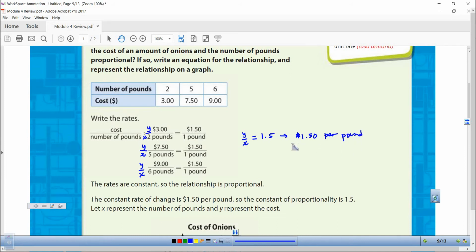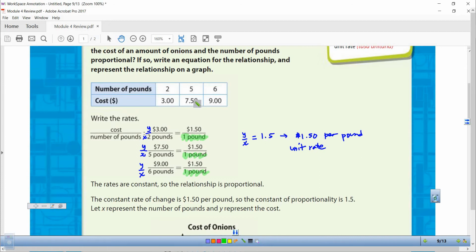Now, just so you know, that would also be the unit rate, because you'll notice that bottom unit is 1. When that second quantity is 1, that tells you that your rate is a unit rate.